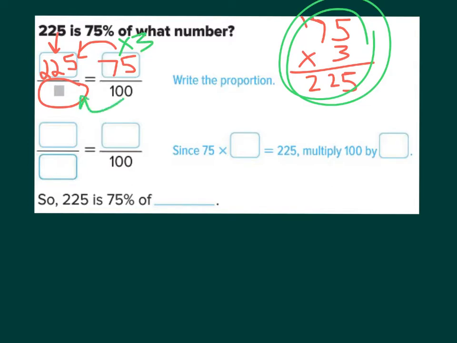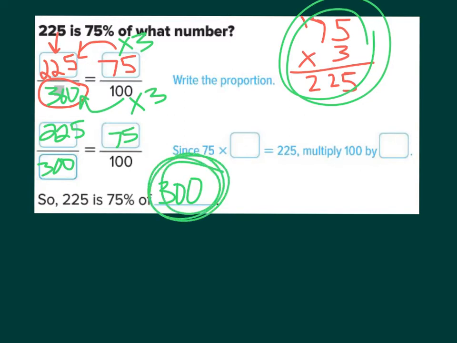Then I would do 100 times 3, which would get me to 300. So if I jump down here, I know that 225 would be out of 300. So 225 is 75% of 300. That's my final answer.